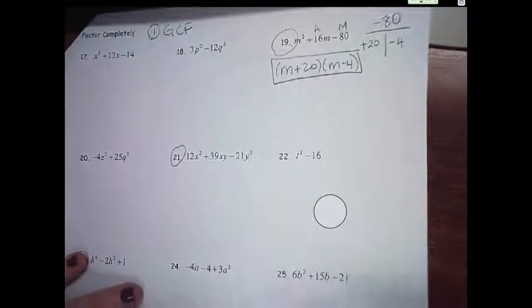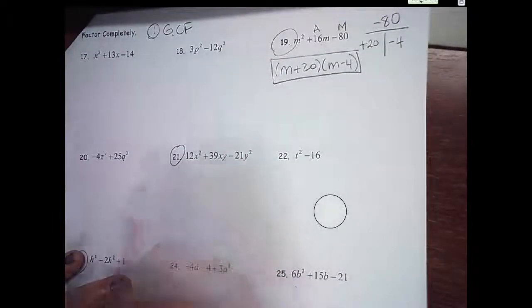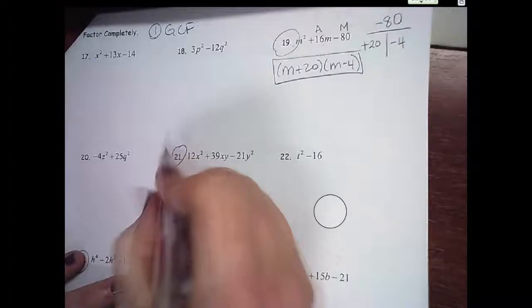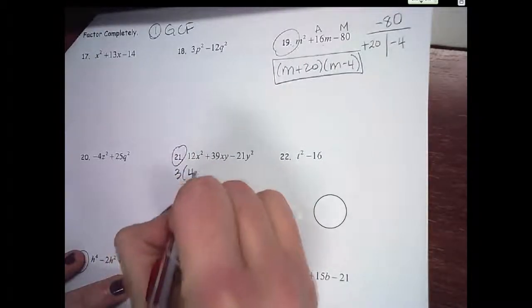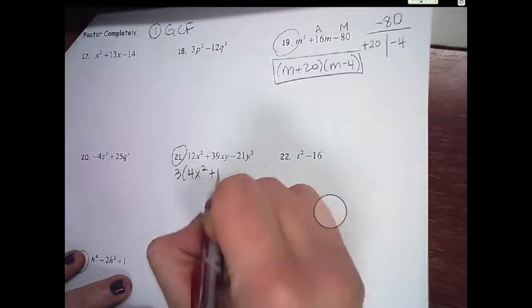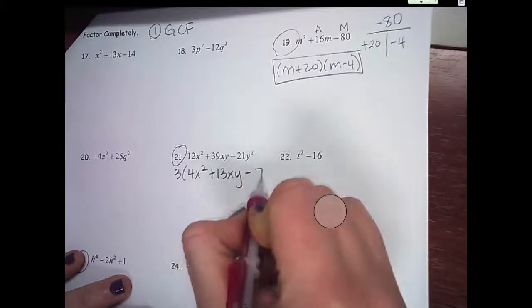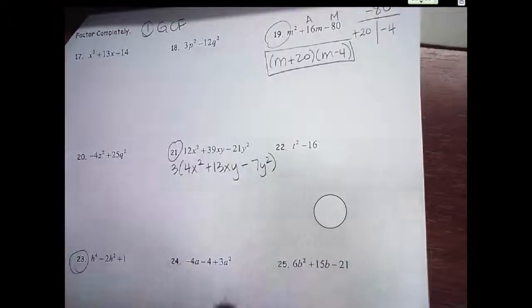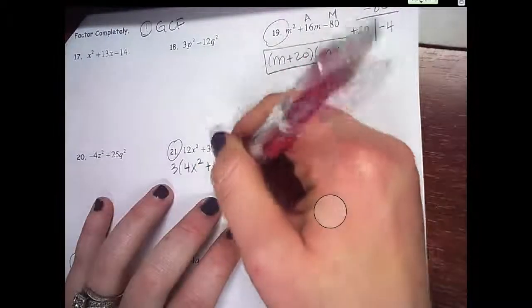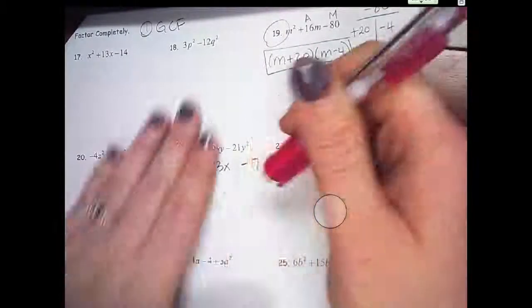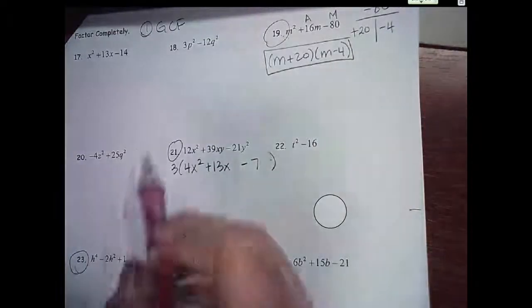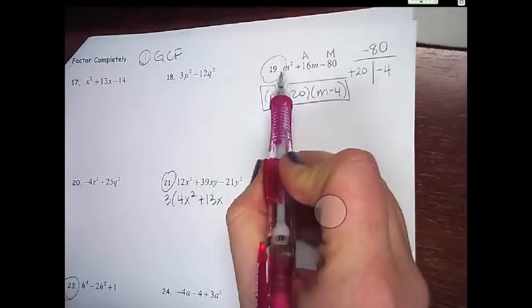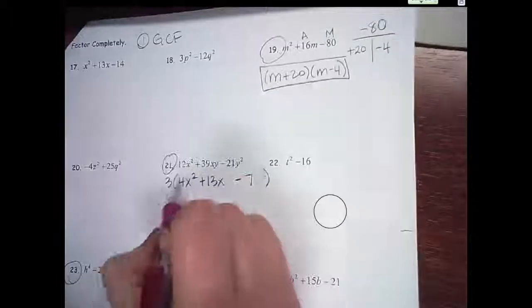Okay, 21. Let's look for a GCF. So we can take out a 3. Okay, so I'm going to take out a 3 from everything. Now, if the second letter confuses you, let's look at it as though it wasn't there. Okay, so I'm going to multiply now because here I had a 1 in front of m squared, but here I have a 4.